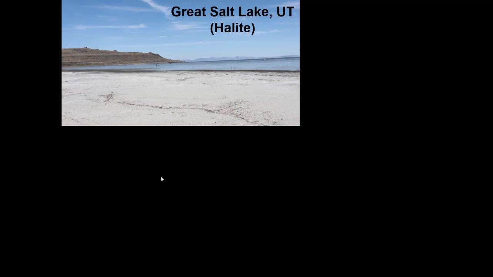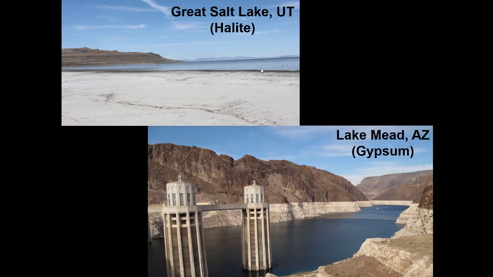So as you can see here in the background are the Wasatch Mountains, and streams will carry salt down the Wasatch Mountains basically to accumulate in the lowest point near Salt Lake City in the Great Salt Lake. So this part of Utah is also a desert, so it has really high evaporation rates, and when the salt water gets evaporated, the water is evaporated and the salt is left behind.